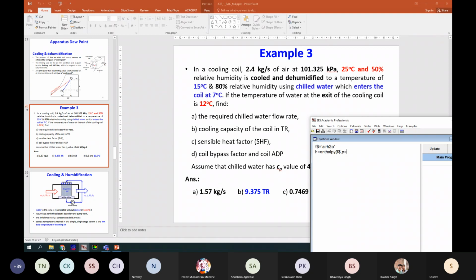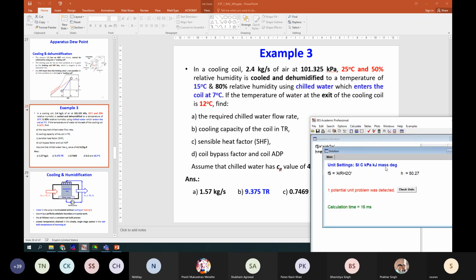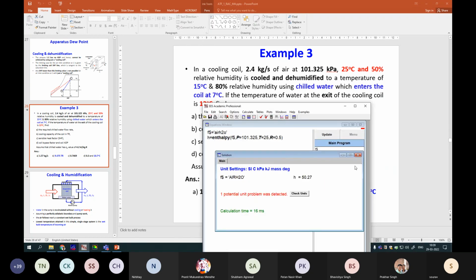So you have to tell exactly what is the pressure, and then the dry bulb temperature and relative humidity fraction. See what it gives. It will give you the enthalpy.